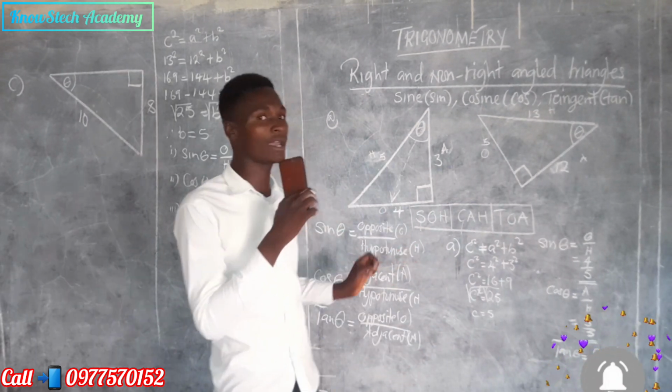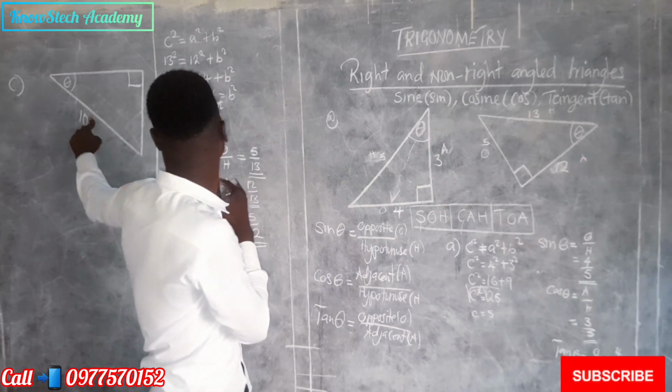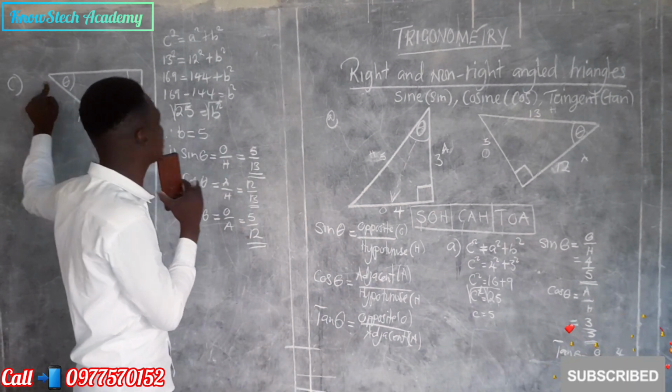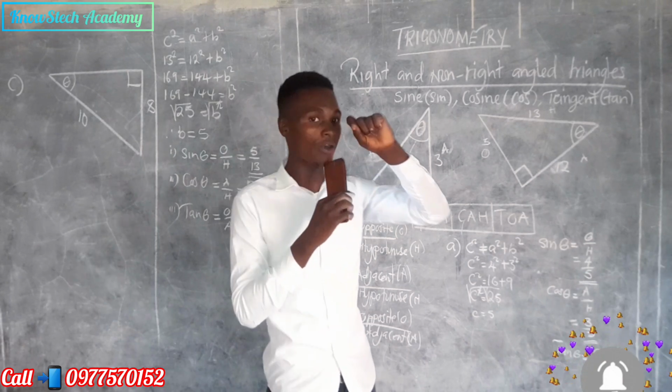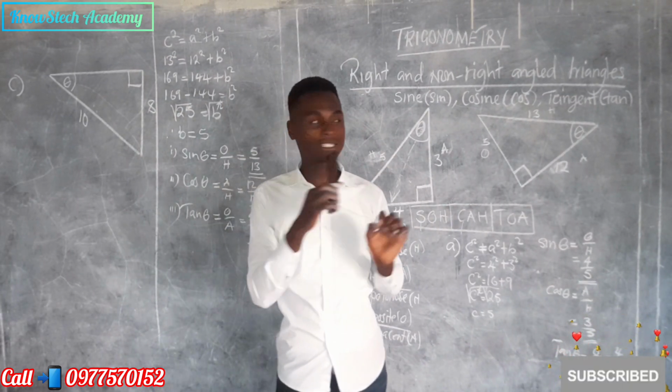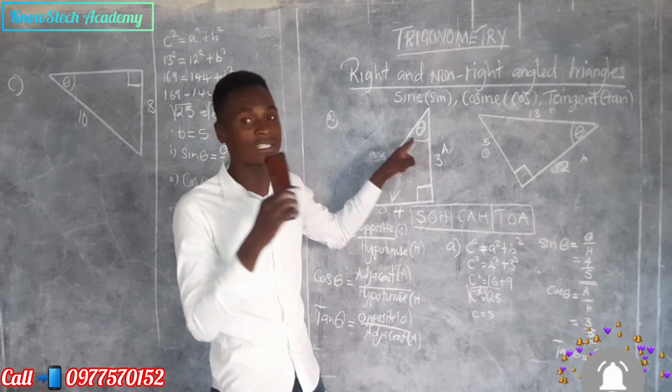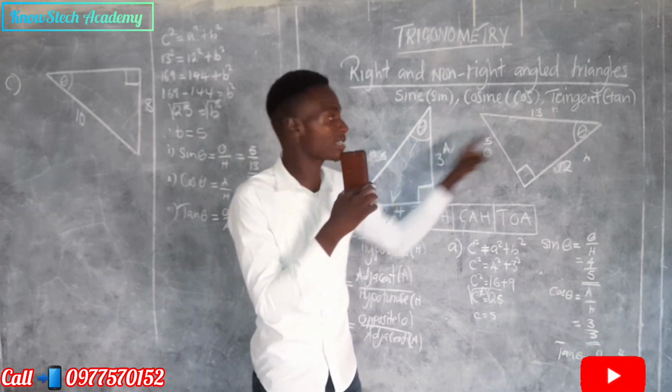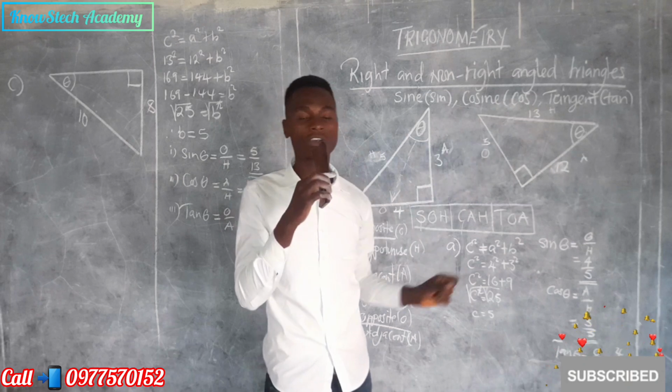And we'll end here. The third question here is your exercise. Try it, and I'll mark you. In the next video, we will look at how to find theta, how to find this angle. Thank you very much.